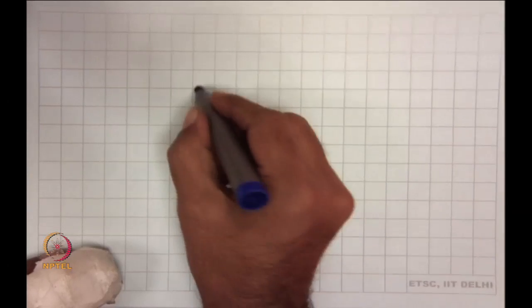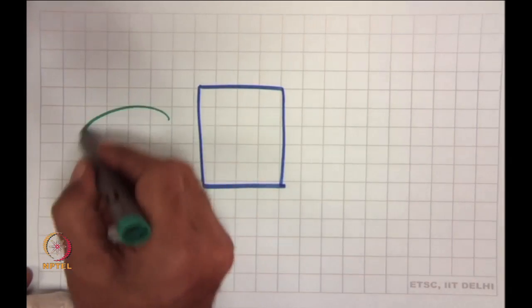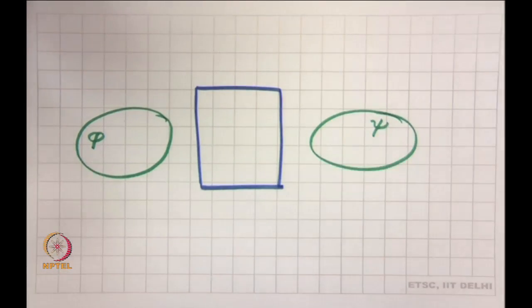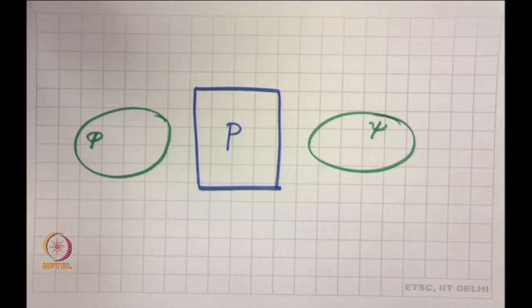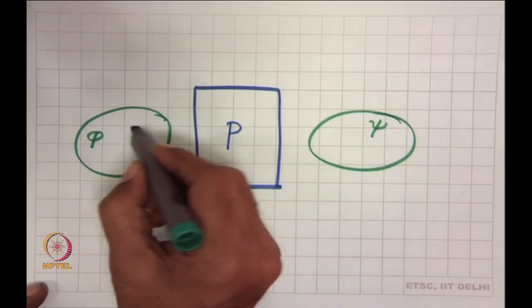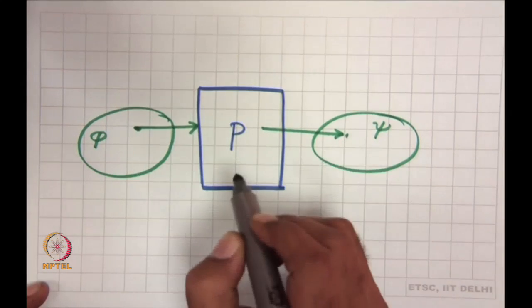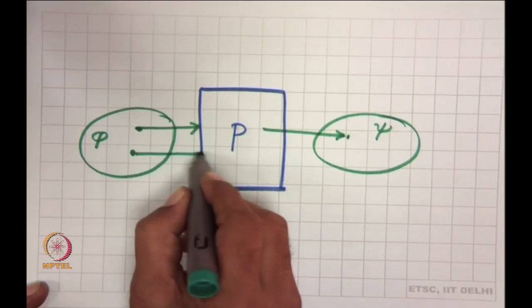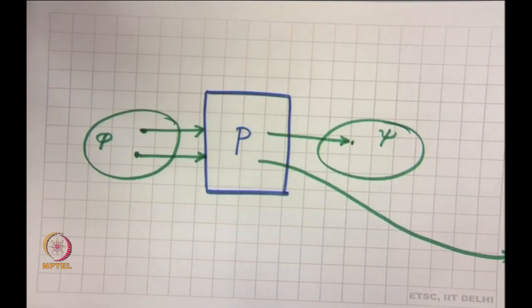I have the program P and I have essentially one blob phi here and another blob psi here, and in the case of partial correctness, for which I will use blue, what we are saying is that given a valuation here, it can go into a valuation here, or given a valuation here, it should not terminate. Okay.